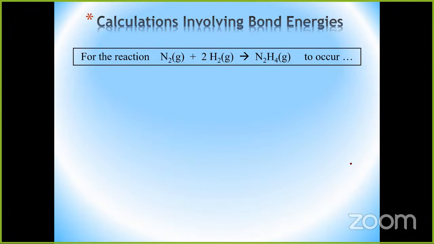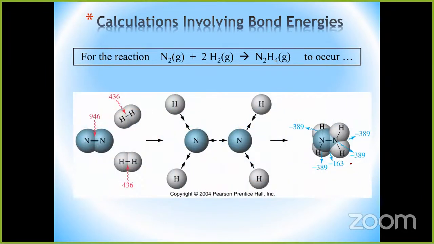covering of this here. One of the usefulnesses of the bond dissociation energies is that we can use it to predict what the enthalpy of a reaction would be. Here's a reaction, the reaction between nitrogen and hydrogen to form hydrazine, and we have the balanced equation for that reaction. If you examine what's happening, in order for the products to be formed, you first need to break the bonds between the nitrogen atoms and the hydrogen atoms.